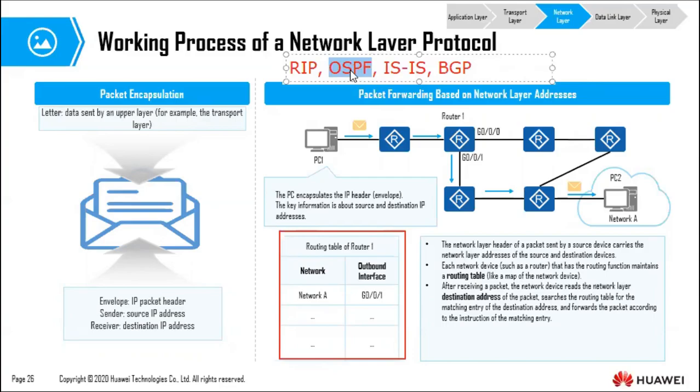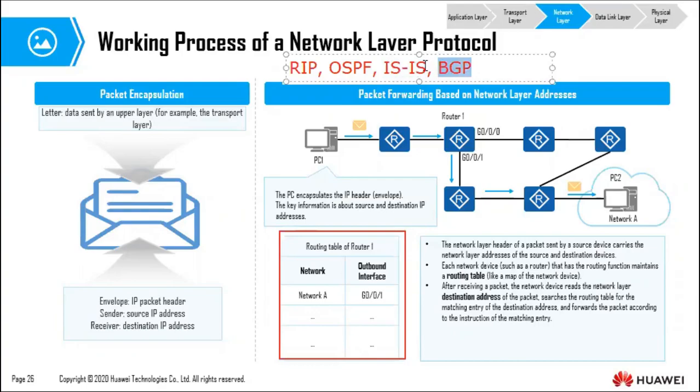Just so that you understand, for example, OSPF is used in small networks, relatively small networks, like campus networks and small organizations. On the other hand, IS-IS is used in ISP networks, mostly ISP networks and any other organization that has many routers.